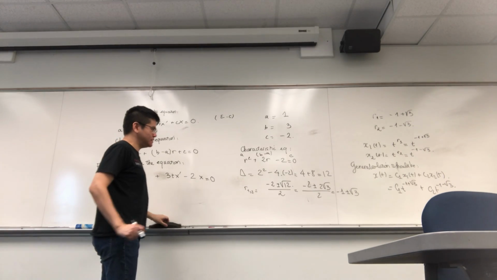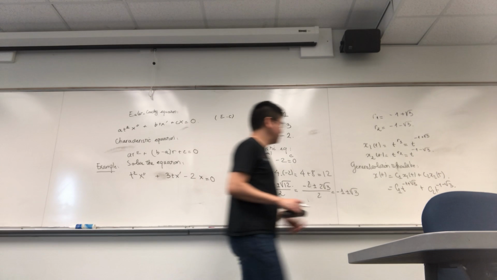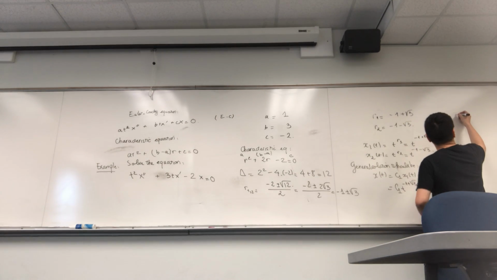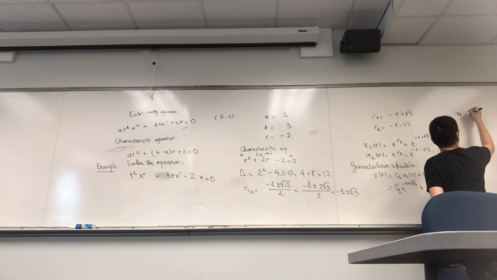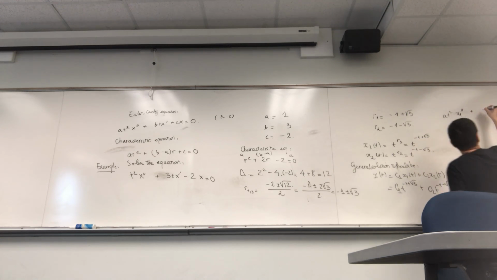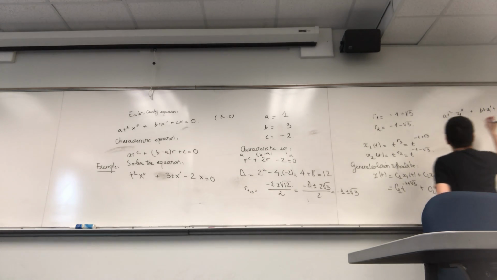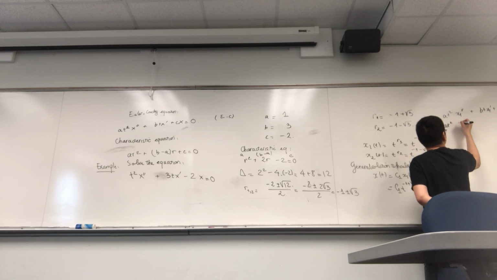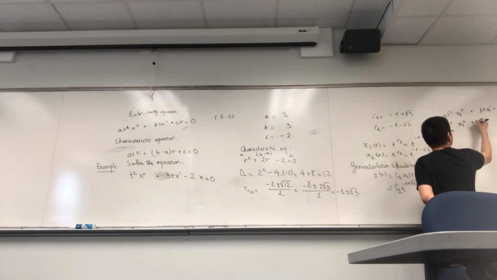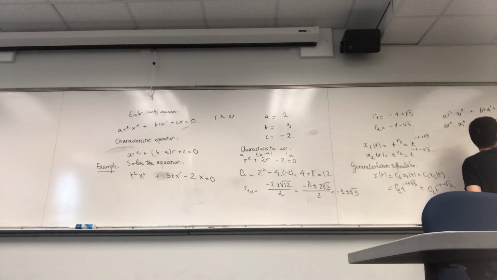So to explain this clearer, because x1 solves the equation, you have a t squared x1 double prime plus b t x1 prime plus c x1 is 0, and then you have a t squared x2 double prime plus b t x2 prime plus c x2 is 0, right?